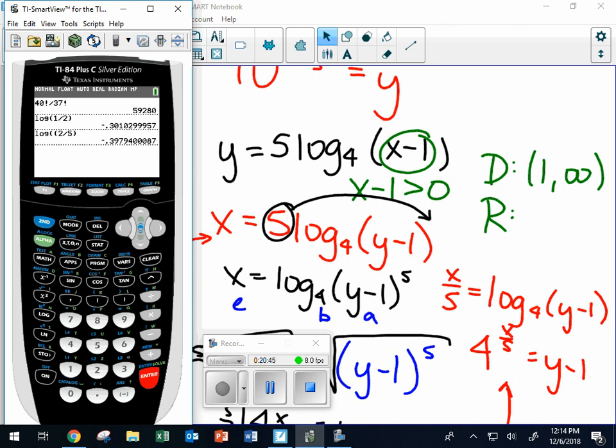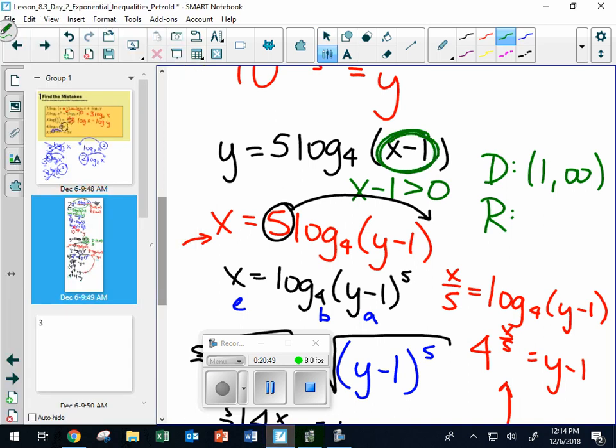If inside your logarithm right here you have something that is a fraction less than 1, what will come out of this will be a negative number. So all of this will be negative if your x is less than 1.